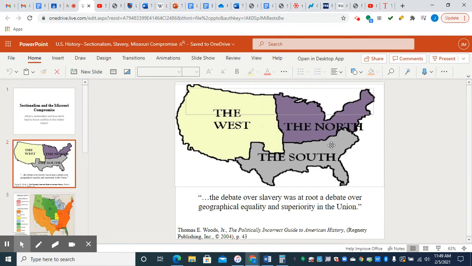So, really, slavery represented not just the moral, ethical issue of slavery, but geographical competition for power in the US government. Which side was going to be able to control the US government, and thereby control the rest of the country?